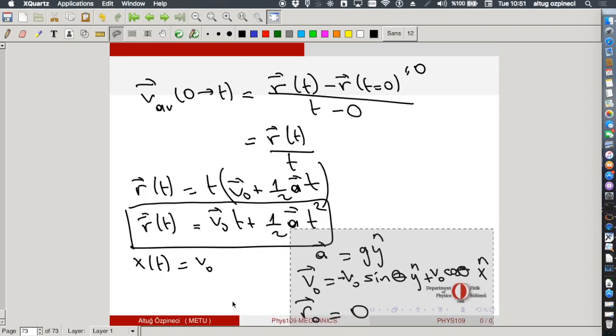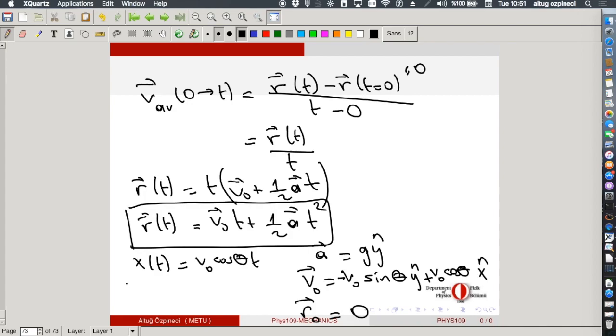So we already know these things. The x component of the position is the x component of velocity, which is v0 cosine theta, times t. The x component of acceleration is 0. So it is just motion with constant velocity in the x component.